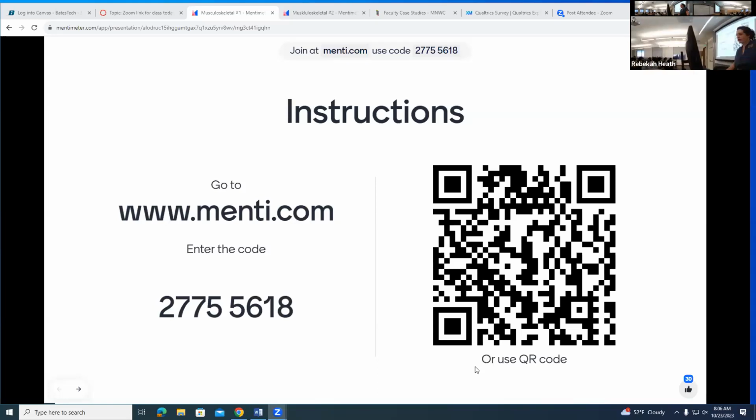Anybody know how to find the waiting room in Zoom?